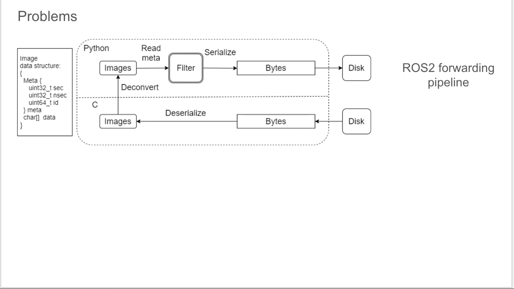During the whole pipeline, we can see that the filter step only accesses the meta part of the message. However, the deserialize, deconvert and serialize steps will involve the whole message, which involves memory malloc and accessing the memory, which is not efficient.